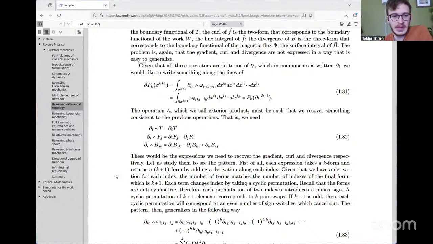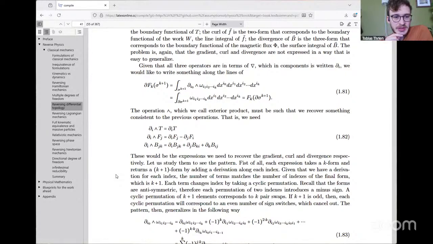So the operation wedge, which we call the exterior product, must be such that we recover something consistent with the previous operations. That is, we need partial i wedge T is just partial i T. T is a functional now. Yes, the temperature, so it's a 0 functional.